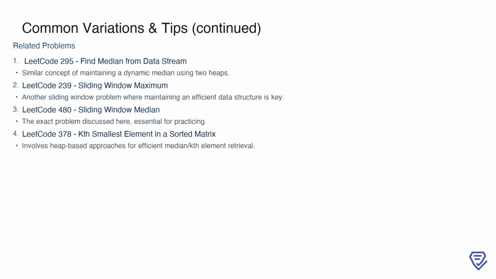Lastly, LeetCode 378, Kth Smallest Element in a Sorted Matrix, involves using heap-based approaches to efficiently retrieve the median or kth smallest element. Each of these problems builds on the foundational skills required for sliding window median problems, making them excellent practice for interviews and real-world applications.